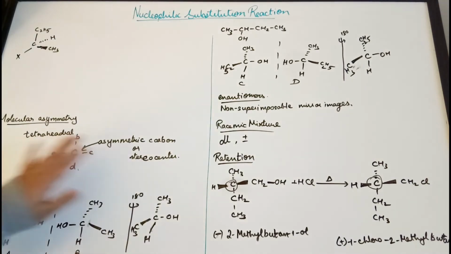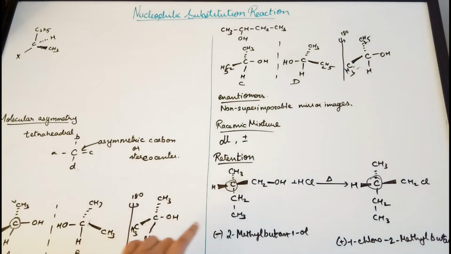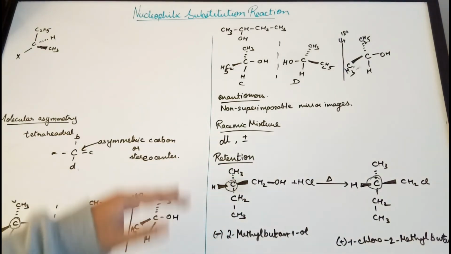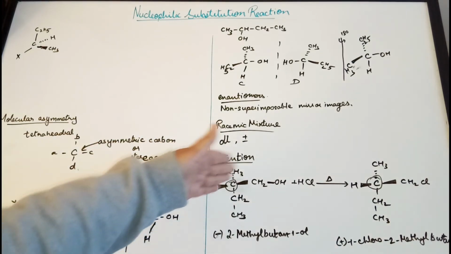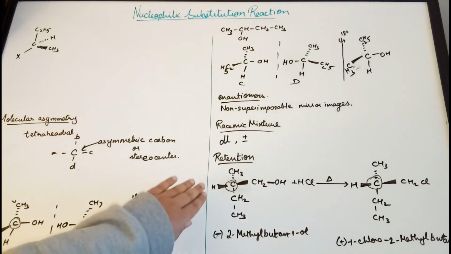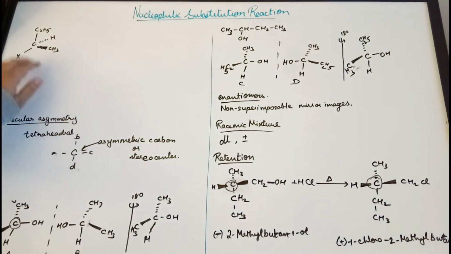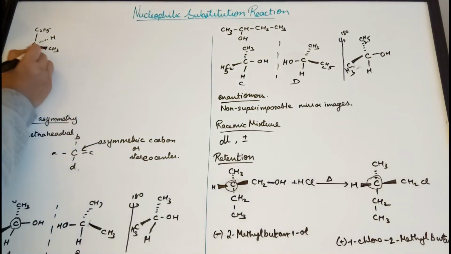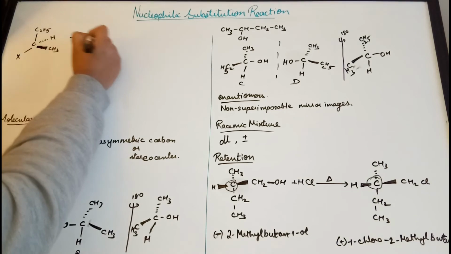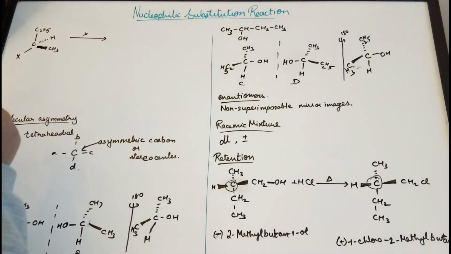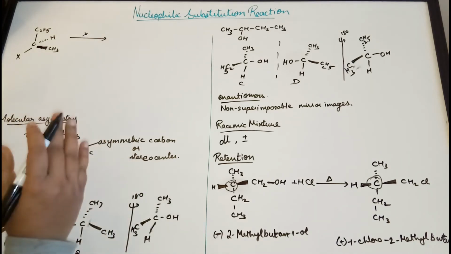Retention usually occurs when the reaction takes place at another carbon which is not the stereo center. But in this case, you have the reaction taking place at the stereo center. We are assuming X is going to get replaced by Y. The first possibility is retention of the configuration.